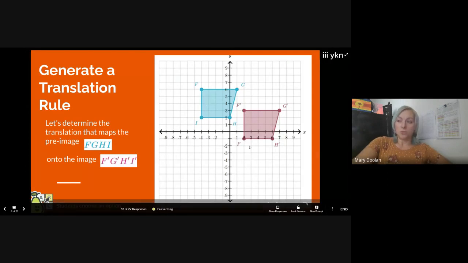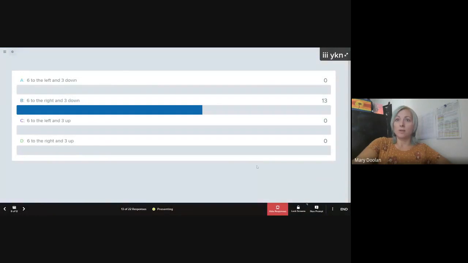What is the rule? Okay, so as you're doing this, a method would be to look at these individual points, and they're all going to follow the same rule. So you could take like G and get to G prime. What do you have to do? Looks like you have to go to the right a certain number of units, so that's a positive movement, and then you have to go down a certain number of spaces, which is a negative movement. So let's see what we came up with.